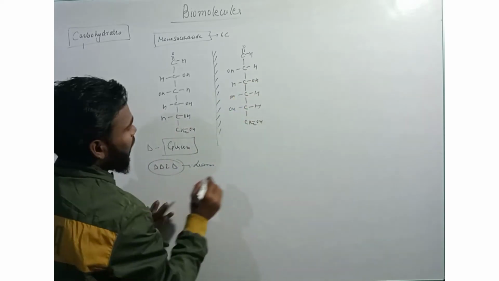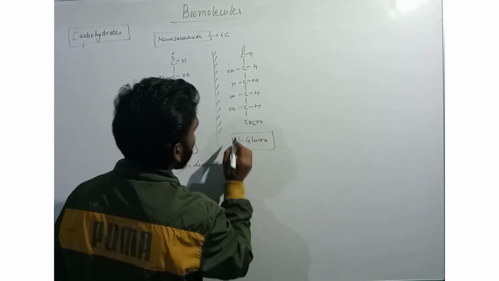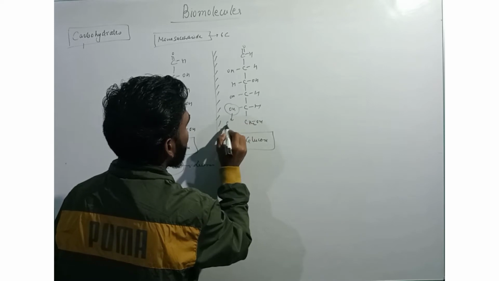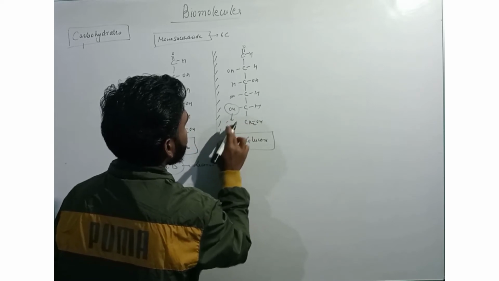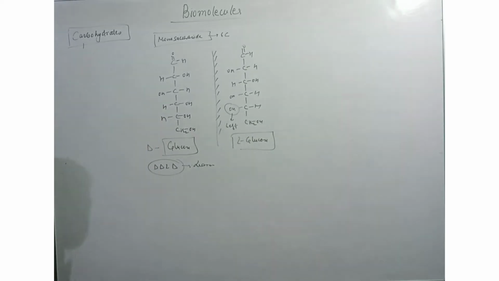Now this is the L form of glucose. Let's see, the hydroxyl groups are present on the left hand side.